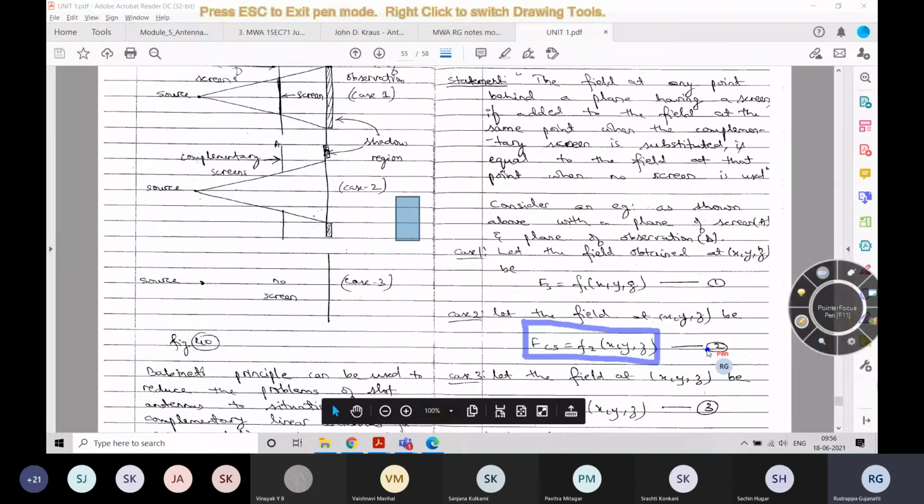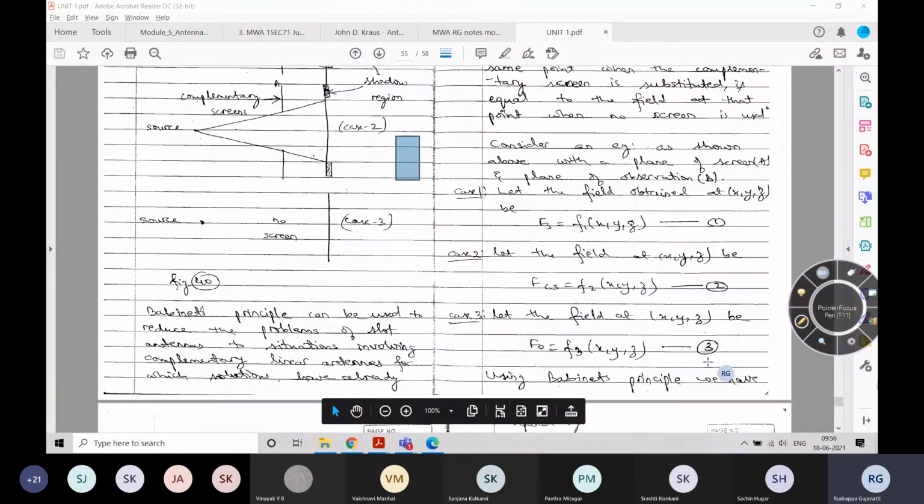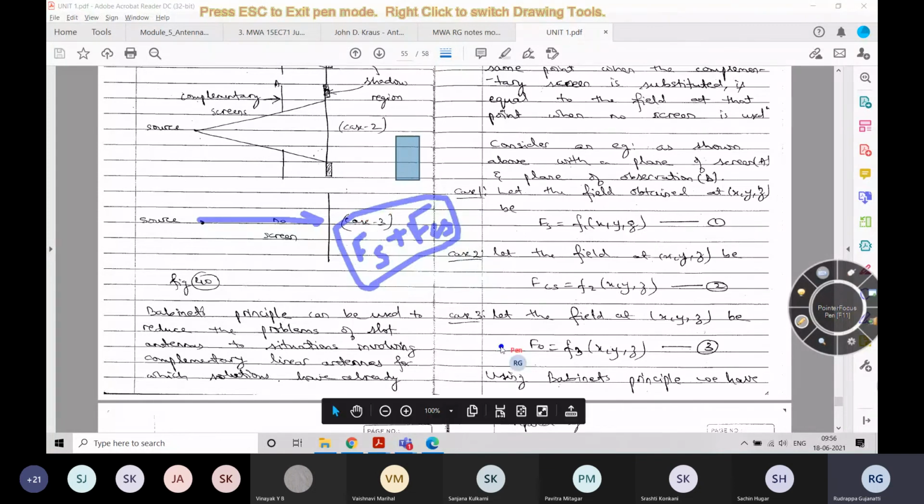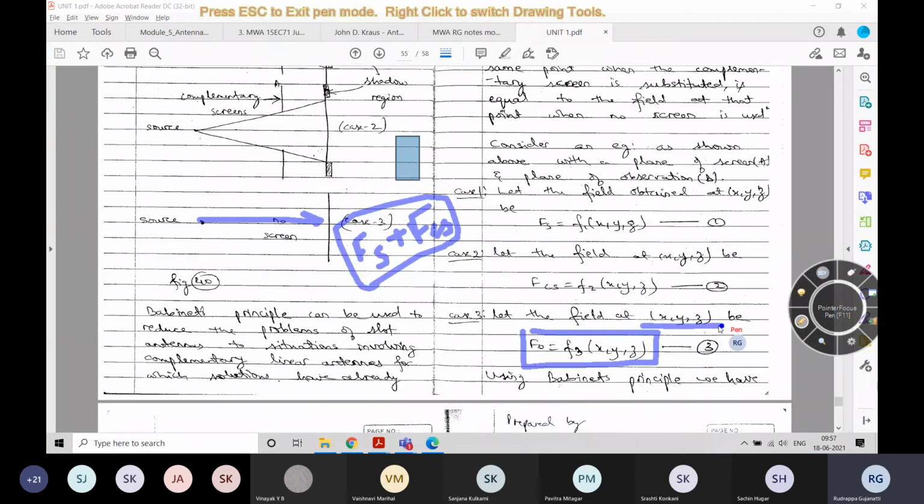Now, when I measure the field with no screen, it should be equal to the field due to the screen plus the field due to the complementary screen. This is the concept of Babinet's principle. So the field without the screen at point XYZ is given by F3 of XYZ.